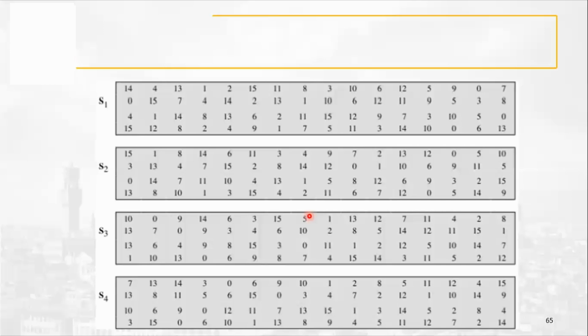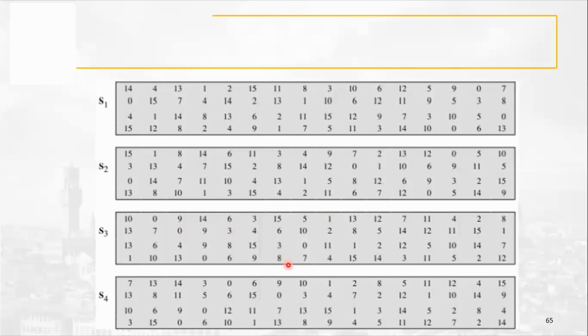See, you should be asking the question: from where are these values coming? Why is the S box, S1, defined like this? Why is there a 14 here, why a 4 here, why a 13 here? Where are these values coming from? That is not given by the Feistel guide.